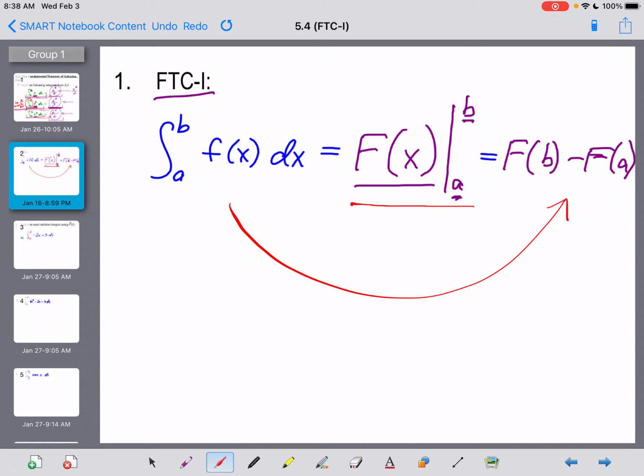So again, it is so easy for us to be, what are the words here, guys? Ethnocentric, to have recency bias, to stand on the shoulders of geniuses and say, oh yeah, I mean, obviously, duh. But I can't stress enough what a huge breakthrough this was in the mathematical sciences at the time, made primarily by Newton and Leibniz, to recognize that an infinite sum, that being a definite integral, could be evaluated by using antiderivatives.